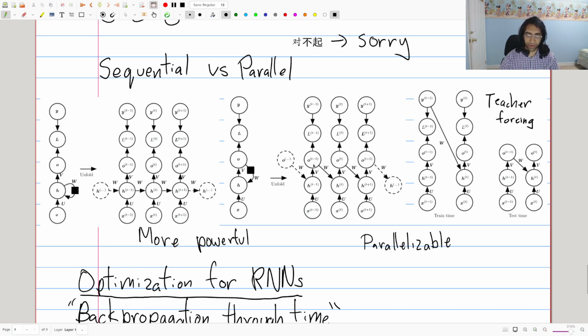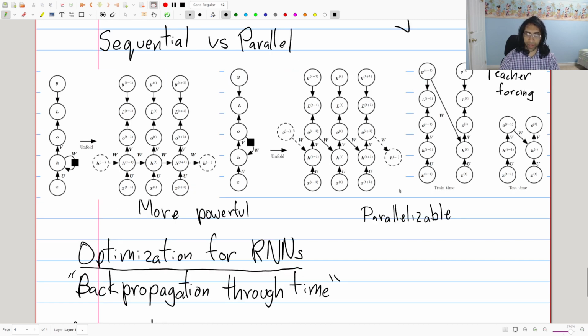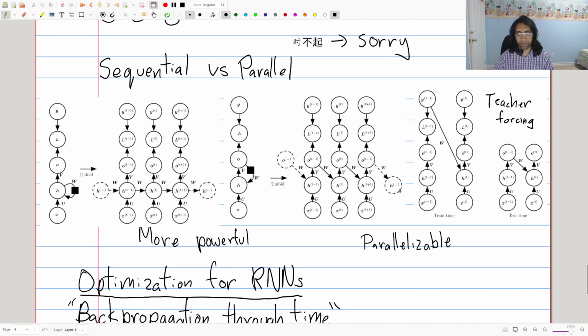Well, if you have a very long chain, say you have a lot of time steps, then you're going to be taking a product of many, many terms. So why is this bad? Well, this is bad for two reasons. Suppose you're taking a product of many, many terms, and those terms are all less than 1.